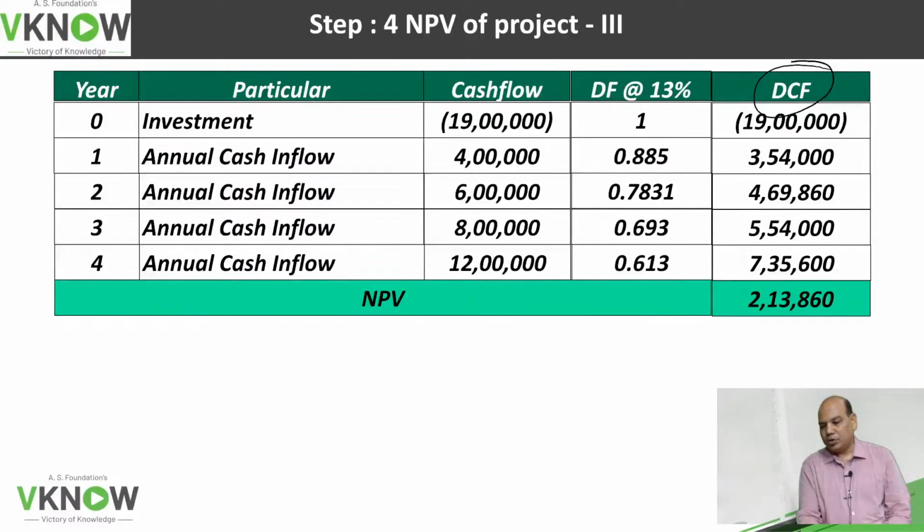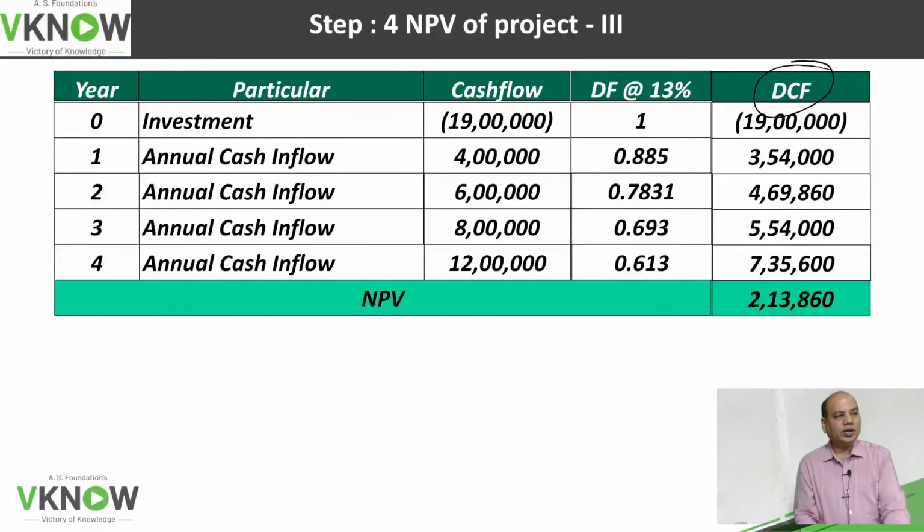So this is approximately 2,13,860. Now compare the three NPVs and select that NPV which is highest.